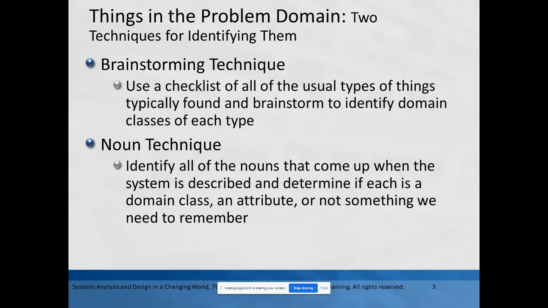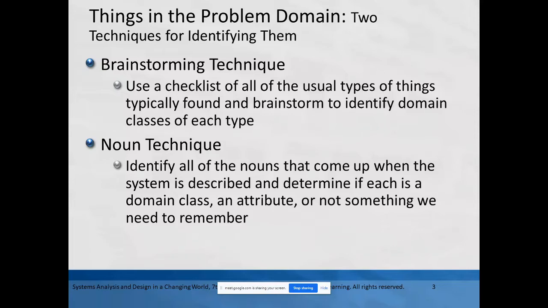I would say between these two, from what I've seen anecdotally, the noun technique would be a more common approach than the brainstorming technique. The problem with using standards is that not only is every organization unique and different, but every situation and every sub-process and sub-unit within each organization is also pretty unique.